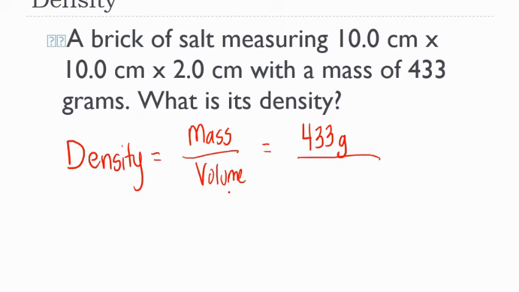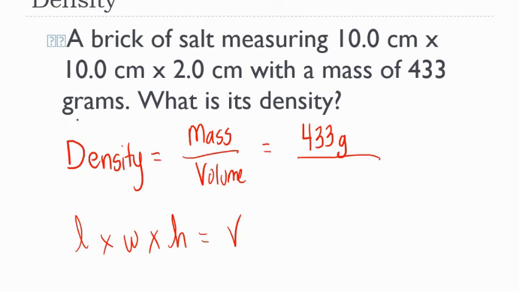I have a rectangular object. How do I calculate volume? Remember your formula for that from math class? Length times width times height equals volume of a rectangular object. Do you remember that?